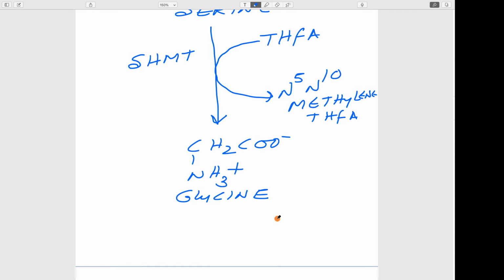That is one reaction where the one carbon group is generated.